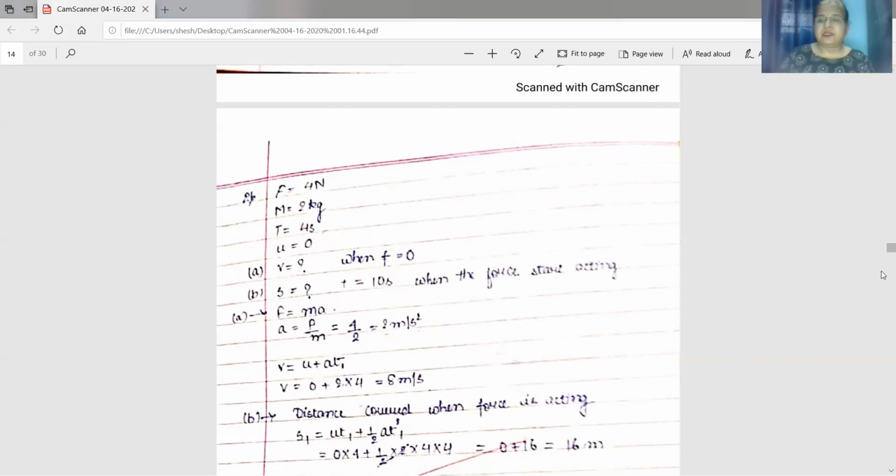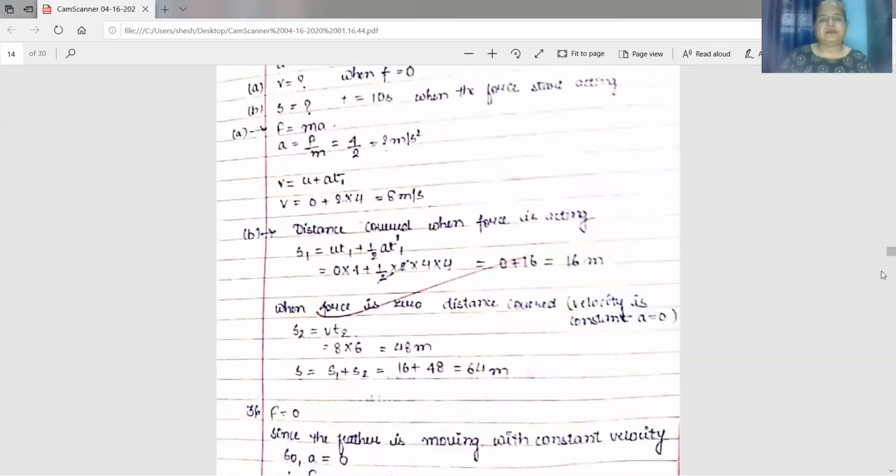The second part of the question is to find out the distance covered. S equals ut plus half at square. First, while the force is acting, the distance covered will be S1 equals ut1 plus half at1 square.